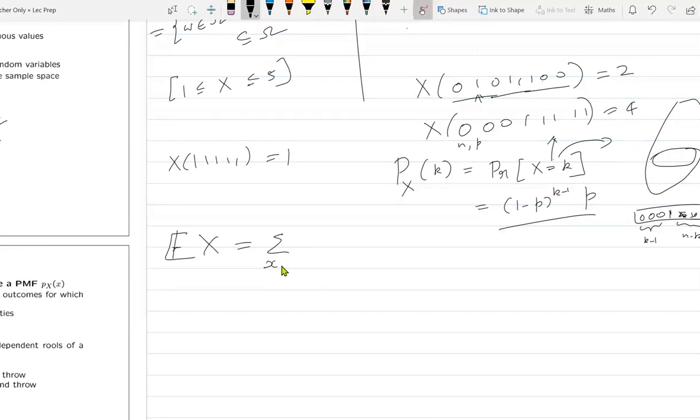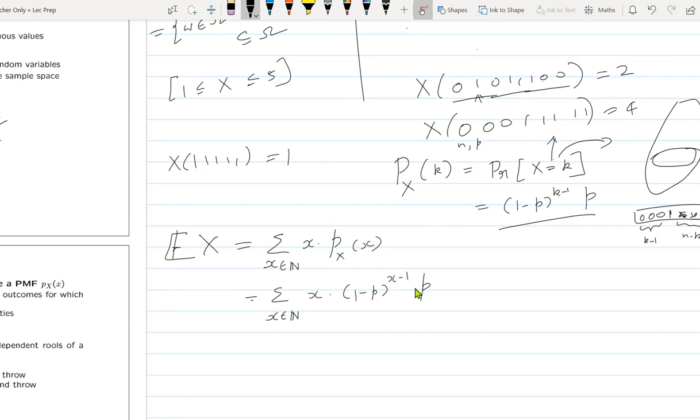Yeah, summation over x of x times P_X of x. This is the formula. So let's substitute: summation over x belonging to natural numbers, x times 1 minus p, whole raised to x minus 1, times p.